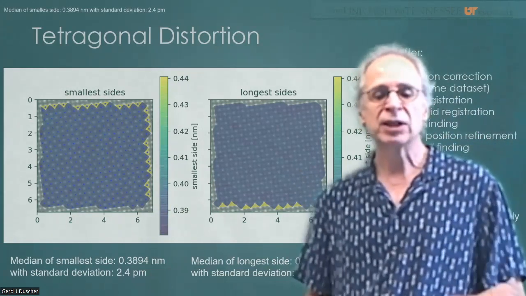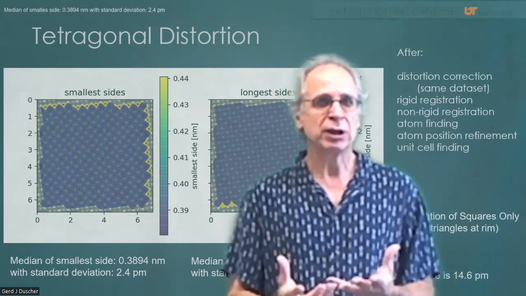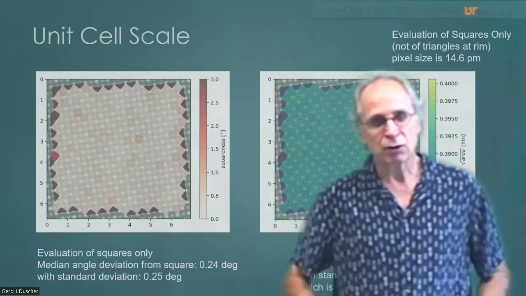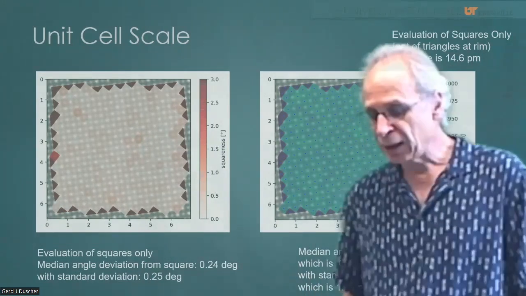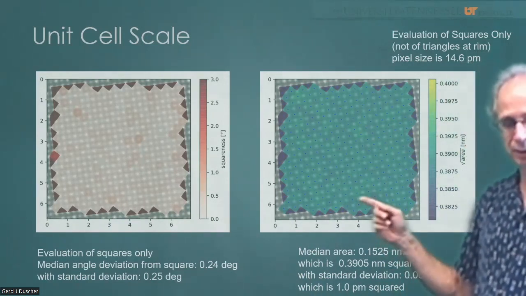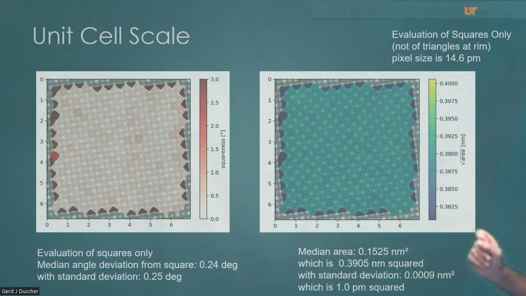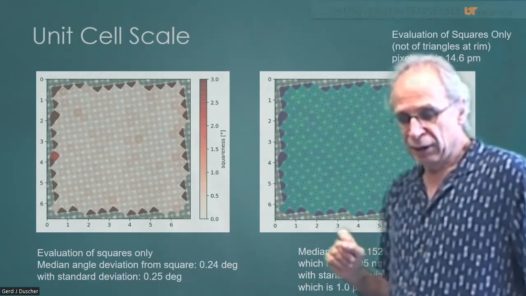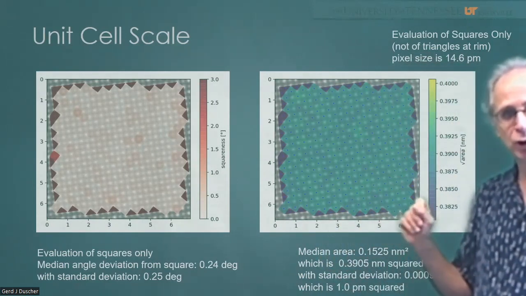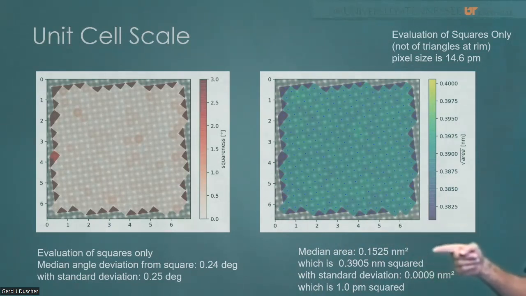So the question is, can we get sub-pixel accuracy in our image stacks? So we go for the squares, and after we do this analysis, we get the distortions, and so the volume of them is extremely accurate.